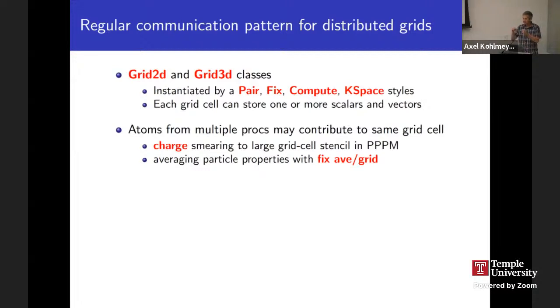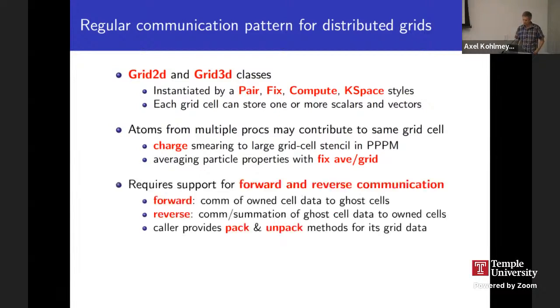So that clearly means that if it's a particle near the edge of your subdomain, it's going to smear charge onto grid cells that are owned by another processor. Likewise, if you have a grid cell like I showed in the SPH diagram that overlaps two grid cells, even if I want the particle only to affect the grid cell it's in, that means for this grid cell that I own, there's going to be some other processors whose particles contribute information to that grid cell.